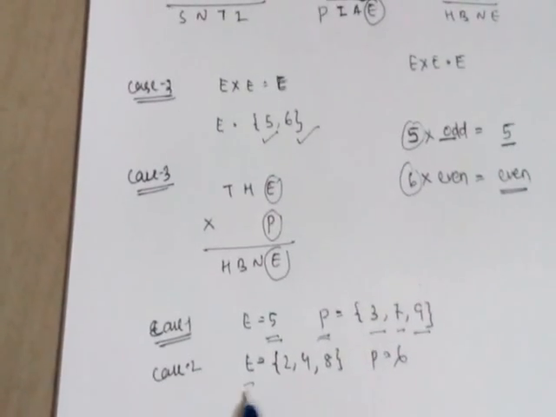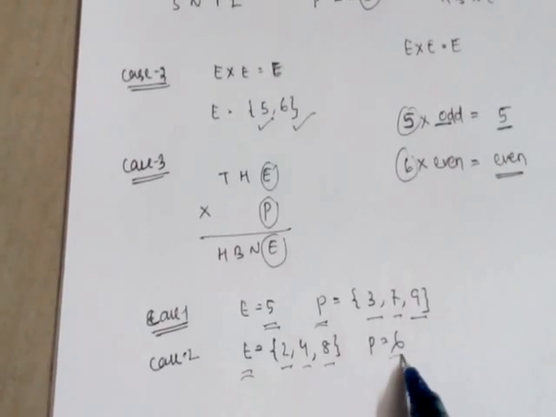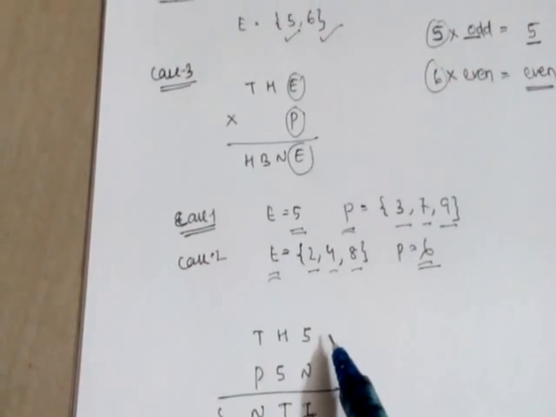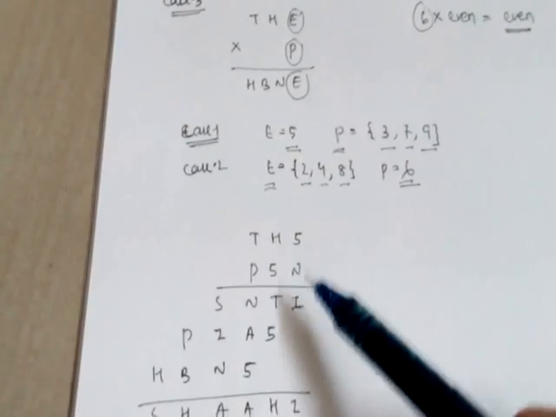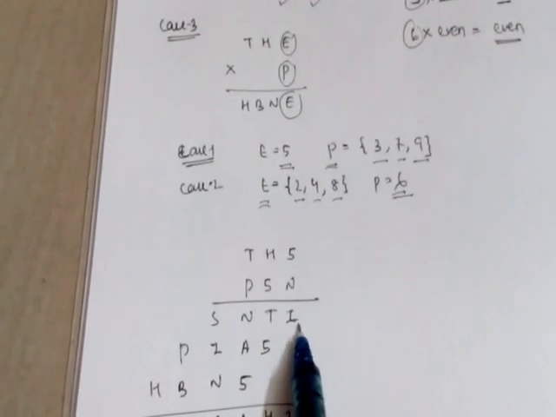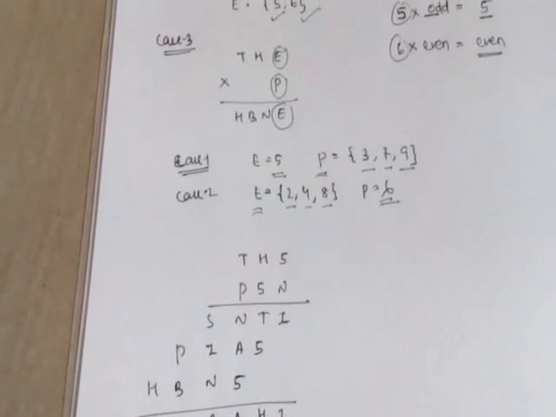When the value of E equals 2, 4, 8, then the value of P equals 6. So here I put the value of E equal to 5. So it becomes TH5 into P5N, okay.